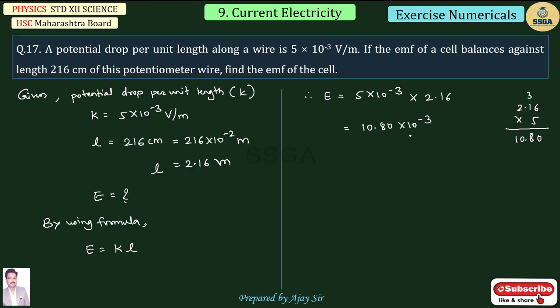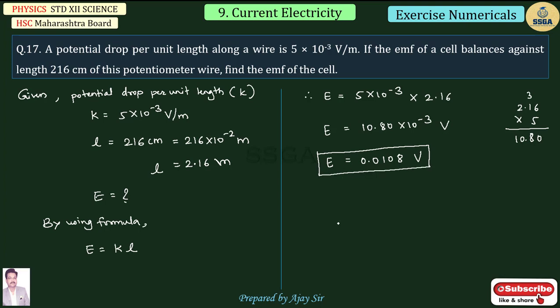So this is the EMF in volt. So EMF E is equal to 10.80 into 10 raised to minus 3 volt. Or you can simplify again. Dividing by 1000, this side is 0.0108 volt. So this is the answer, or this is the EMF of the cell.